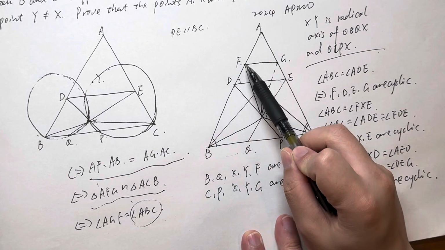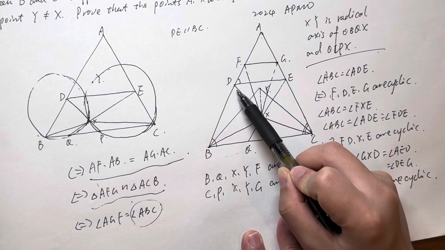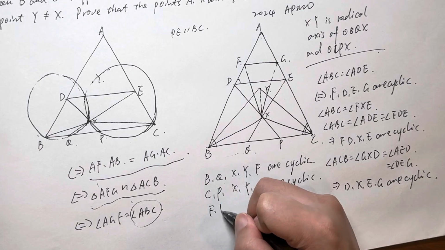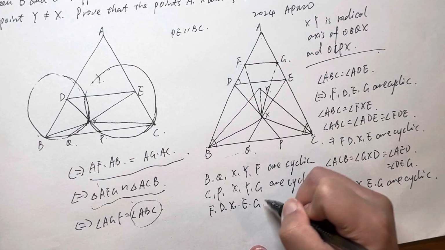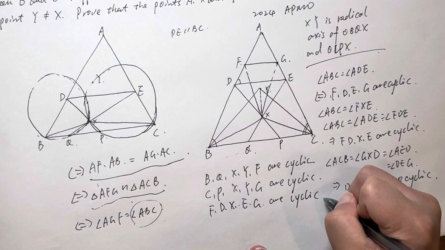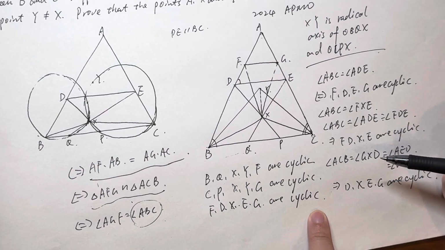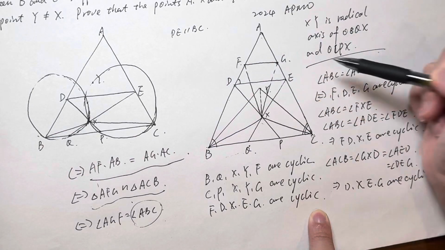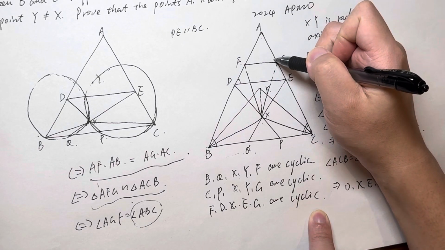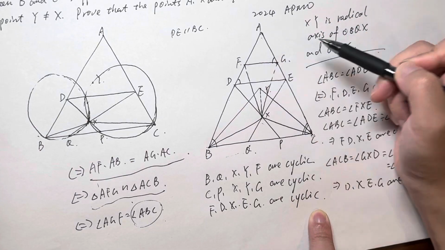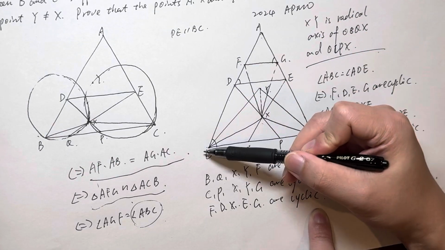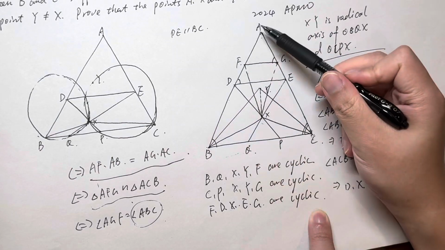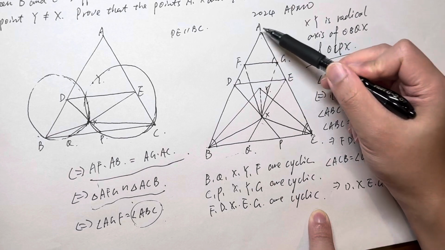So we got FDXE are cyclic and DXEG are cyclic, which means FDXEG are cyclic. These 5 points are cyclic. That means FDEG are cyclic, which means angle AGF equals angle ADE equals angle ABC, which means triangle AFG is similar to triangle ACB, which means AF times AB equals AG times AC.